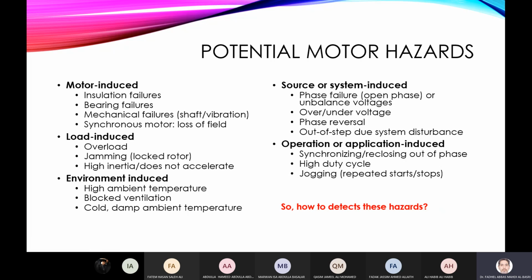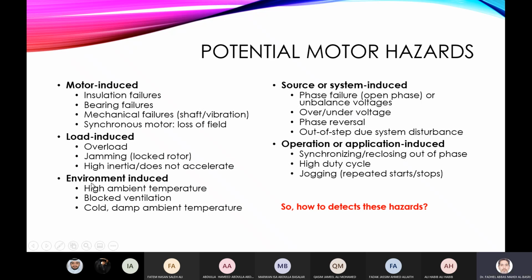It could be a high inertia, so the motor does not accelerate, and we have protection for that. The motor has a fan at the end, and once the rotor moves, the fan provides cooling. So if it doesn't reach the rated speed, doesn't accelerate, this could also overheat the winding.